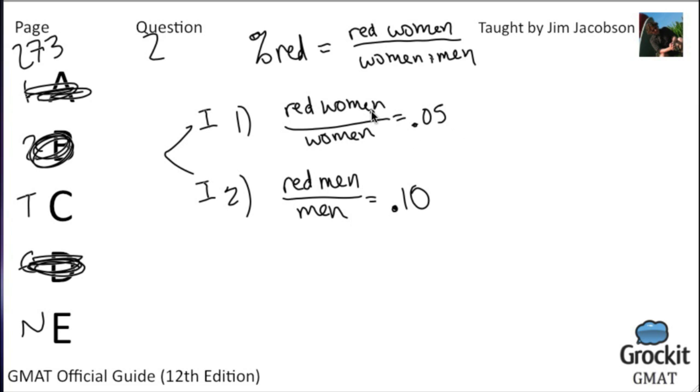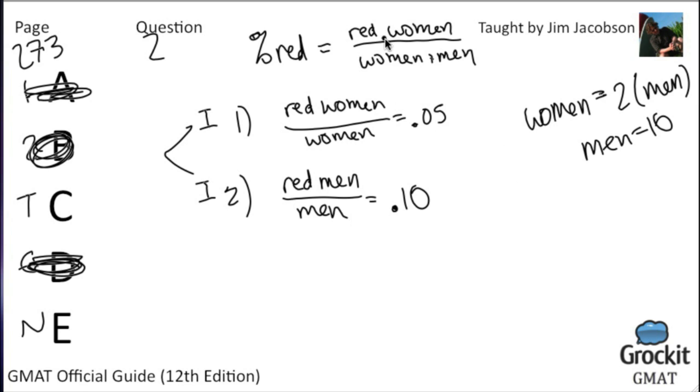Now, because we're given these ratios relative to the individual subpopulations, and we are given no information whatsoever about their real numbers or their relationship to each other. I mean, if we had been given, you know, women equals 2 times the men and men equals 10 or something like that, in addition to the information that we had here, that would have been enough to determine this.